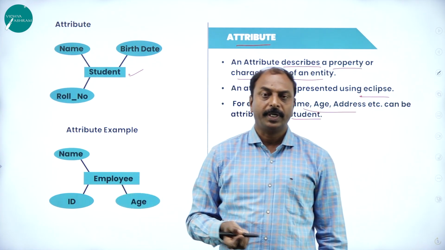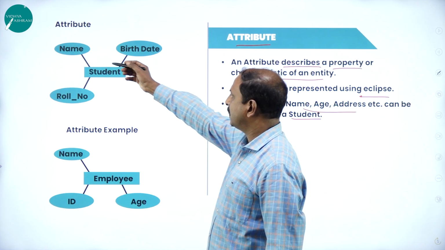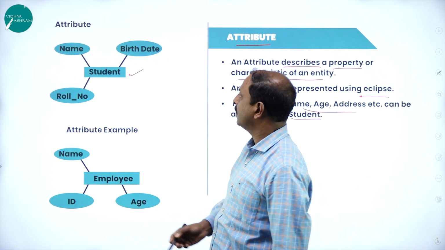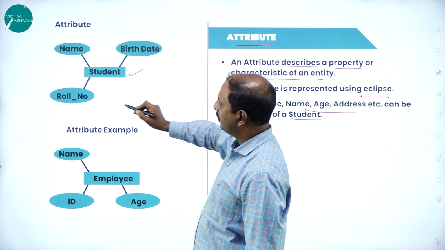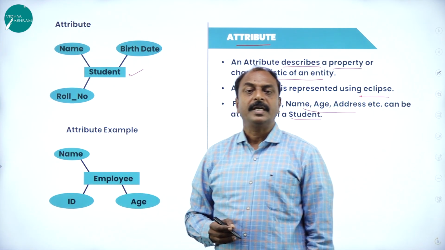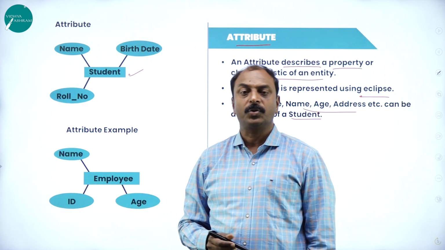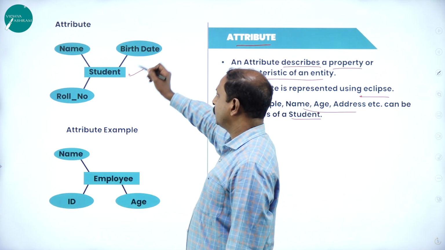If we talk about a student, we write student registration, student name, his date of birth, or maybe his roll number or registration number. All these are attributes of a student. We represent them using ellipses.